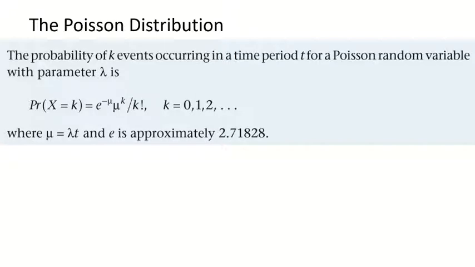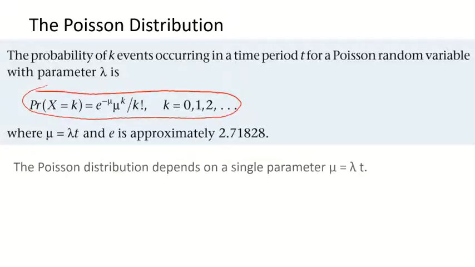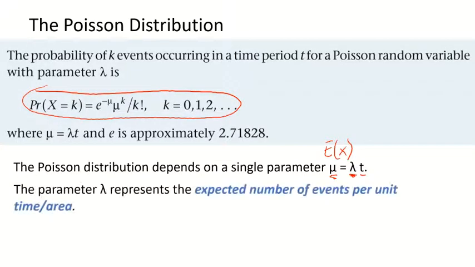So this is the probability mass function of a Poisson probability distribution. The Poisson distribution depends on a single parameter, mu. Remember, your mu here is your expected value, and your mu is equal to the constant lambda times time.